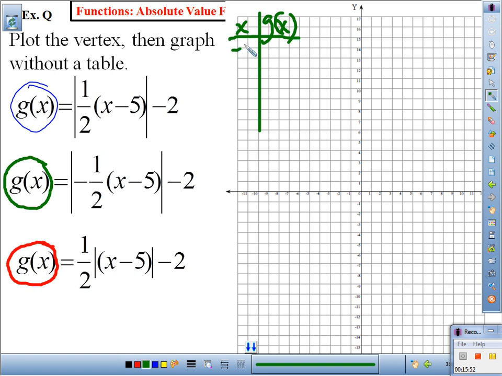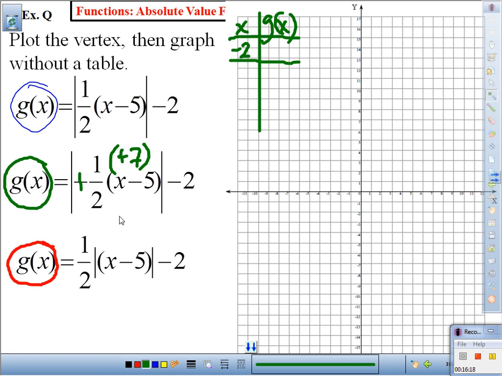I'm going to start with negative 2. If we substitute negative 2 here, we get negative 2 minus 5, which gives us negative 7 inside the parentheses. Do you agree? Next, the parentheses indicates that we're multiplying that times negative 1/2. What is negative times a negative?